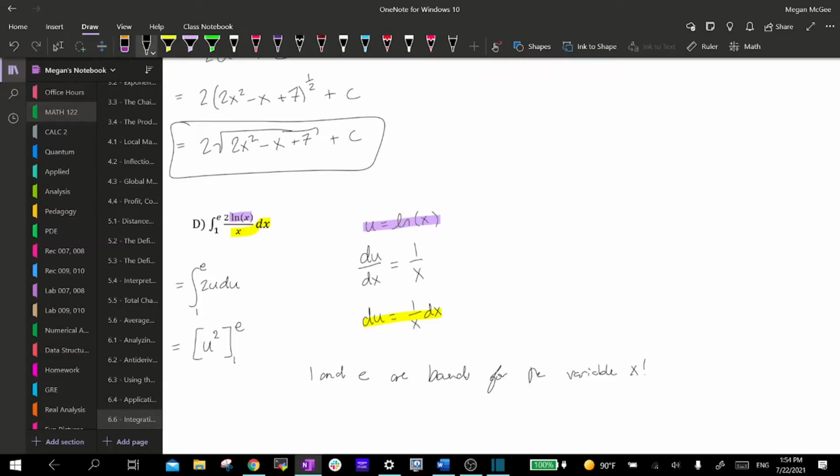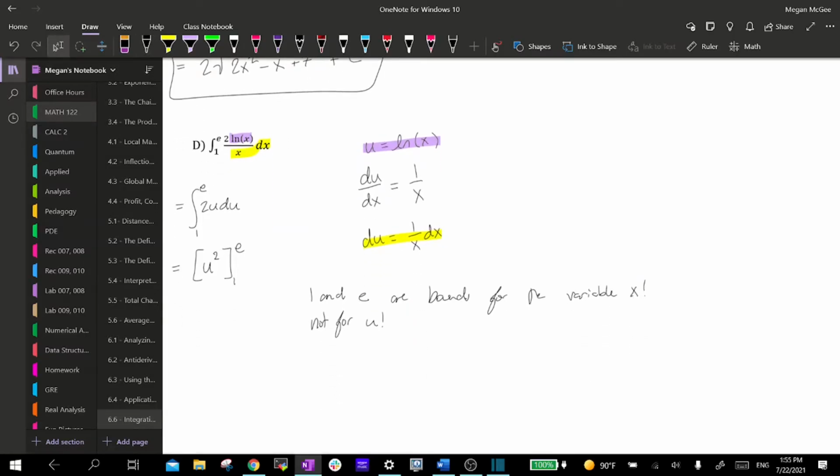Because there's no x currently here, we cannot plug e and 1 into our function because they're bounds for the wrong variable. All right? Not for u. So we have two different ways that we can handle a definite integral when we're dealing with u substitution.